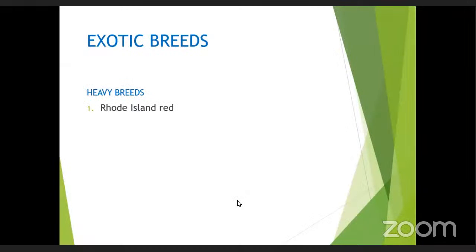Oh, sorry, let's continue. So we are talking about examples of exotic breeds of chicken. Aaron has given us one, Galaxy, another one, good. Emma, this one is not correct. That one is not correct.